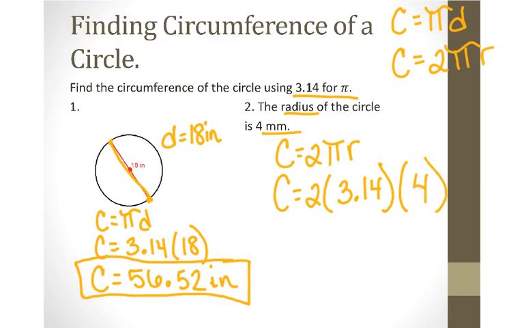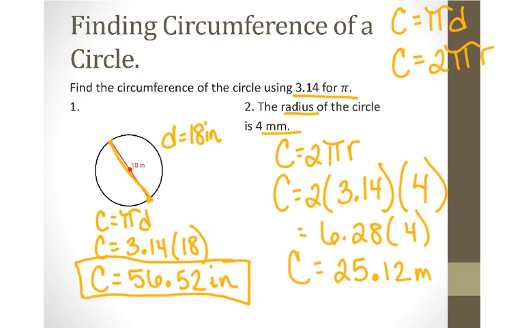So now I'm just going to do some multiplication on my calculator. So 2 times 3.14, that gives me 6.28. And I'm going to multiply that by 4 now, and that is going to give me 25.12. So circumference is equal to 25.12 with my units being millimeters. And that is going to be my final answer.